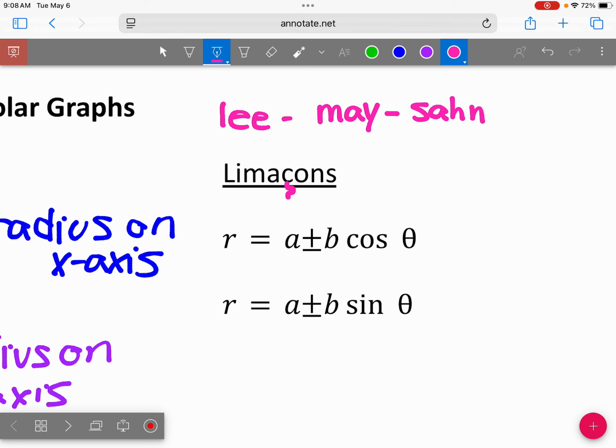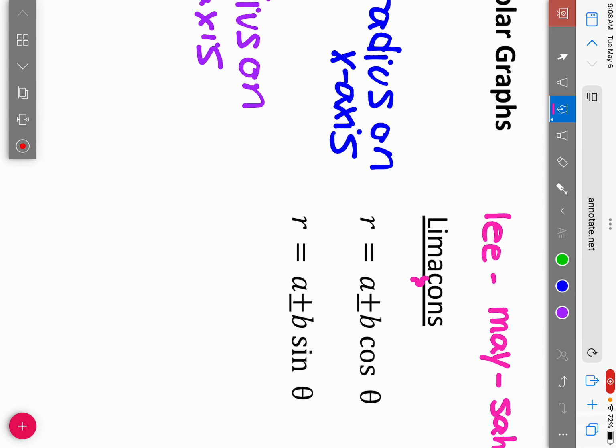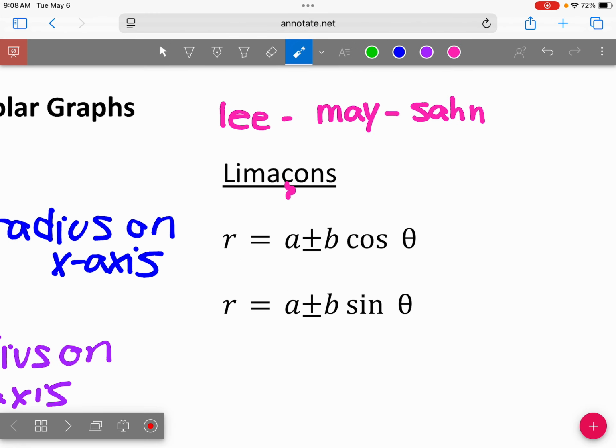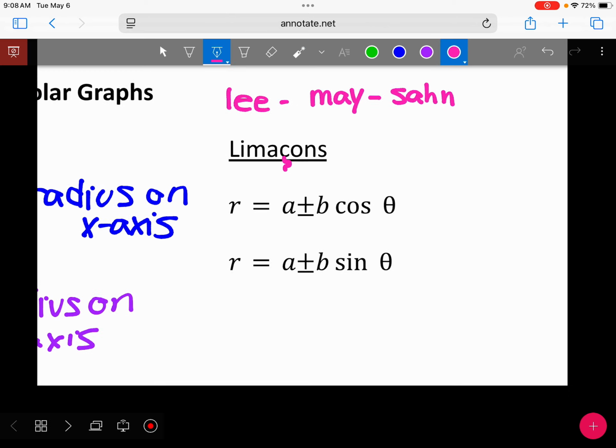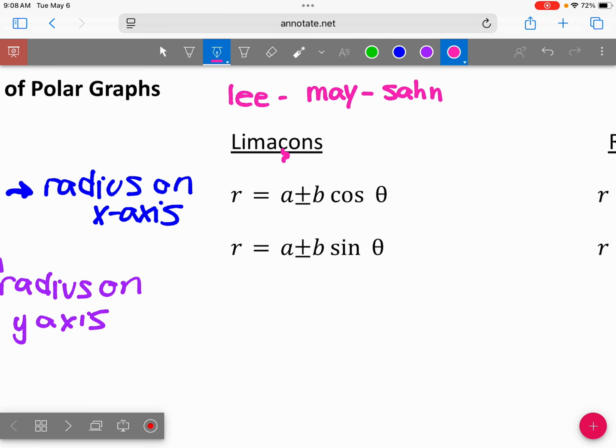Limacons just means we're going to have a number plus something cosine theta, or something minus something cosine theta, or sine. And these have a couple of different ways they're going to look, and we're going to see that as we start graphing. Sometimes they're going to look kind of like a pinched circle, where it looks kind of like a fat heart.